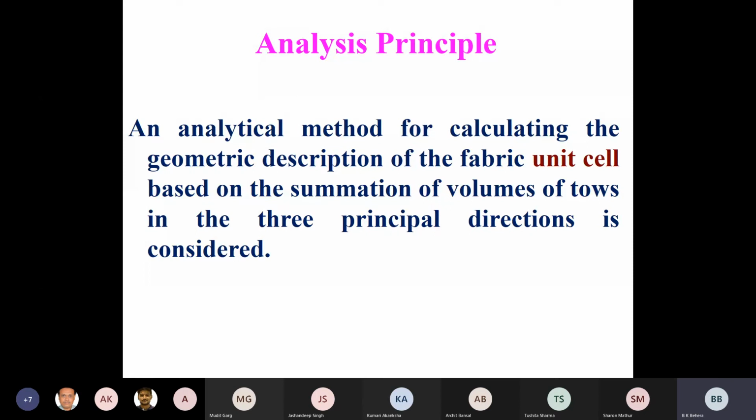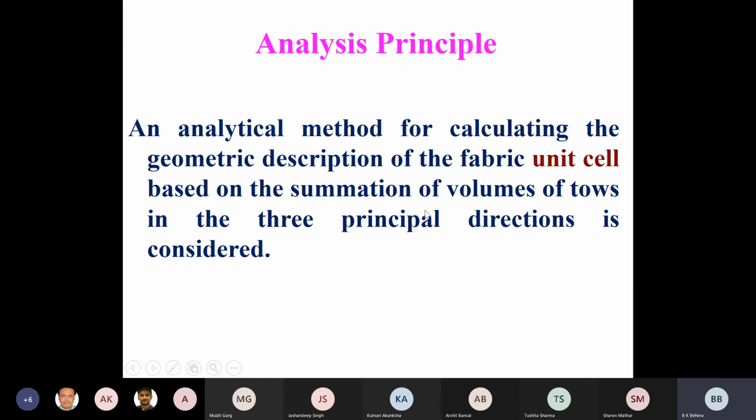An analytical method for calculating the geometrical description of the fabric, which you call the unit cell. You already know the unit cell in the PS geometry. Here the unit cell will be simply length, breadth and thickness in some unit. It is based on the summation of volumes of taus in the three principal directions.